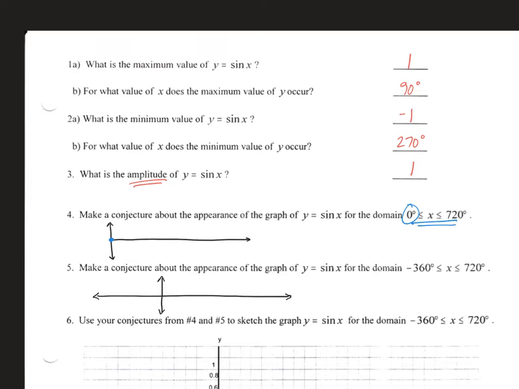It rotates and hits its maximum at 90, comes back to 0, hits its minimum at 270, comes back to 0. However, my restriction says I have to go all the way up to and including 720 degrees. That tells me that I have 2 full rotations.